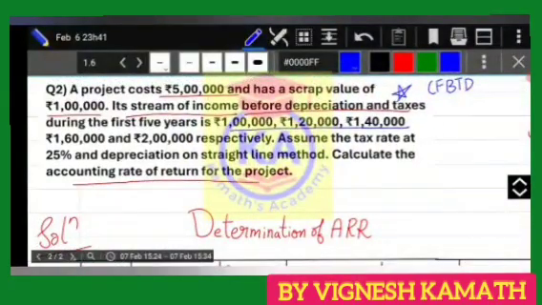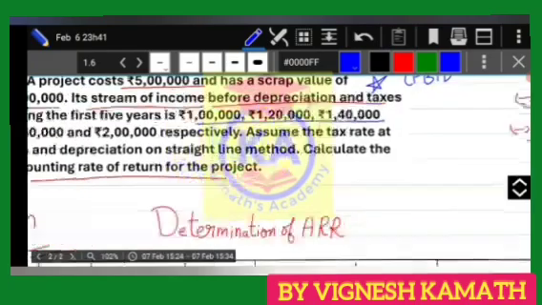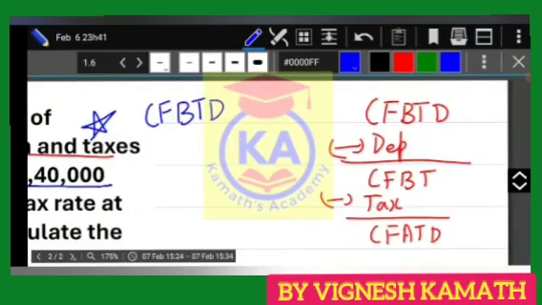First you have to put the heading: determination of accounting rate of return. For your purpose, I had made a small format here. Given is cash flows before tax and depreciation. You have to deduct depreciation first, then you will get CFBT.